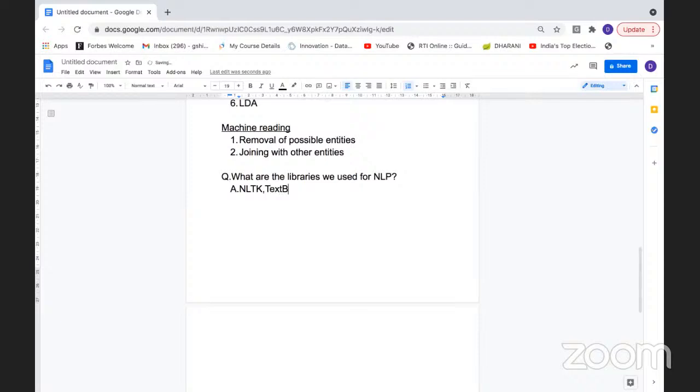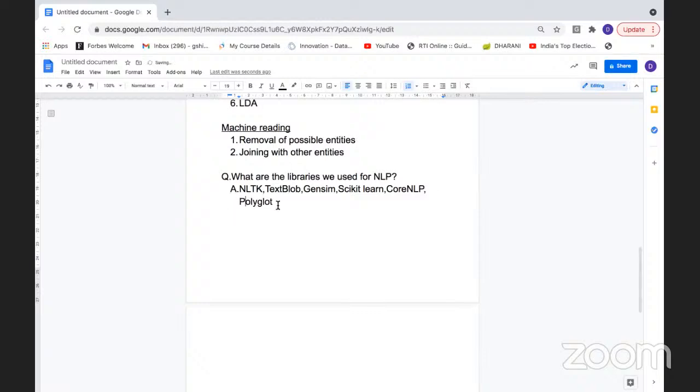We used TextBlob, then gensim, right? And we used scikit-learn also, right? What else? CoreNLP, polyglot, right? So these are the few libraries we have come across to do some kind of mining here.